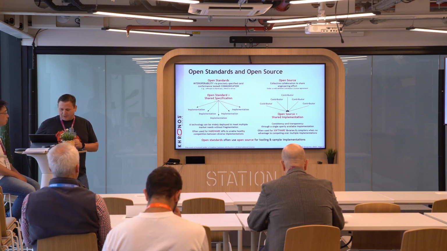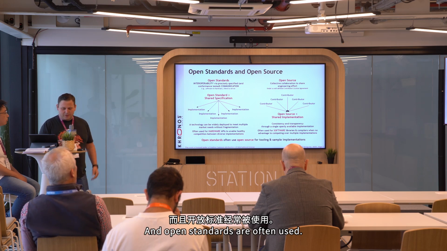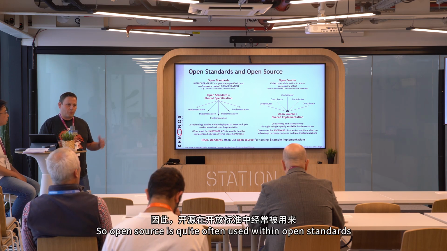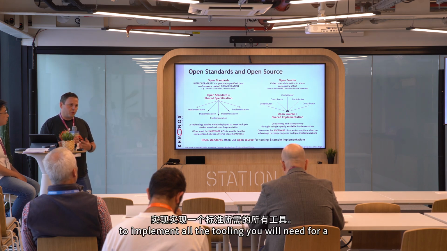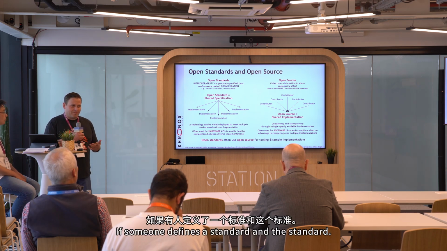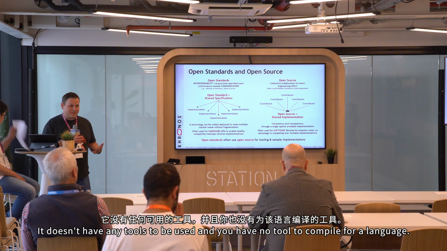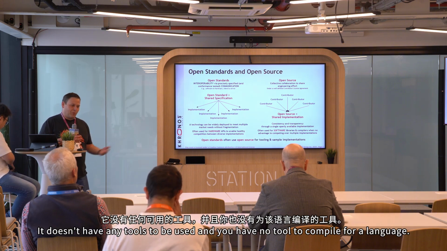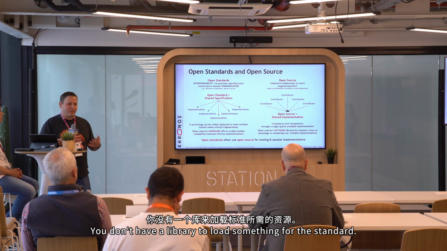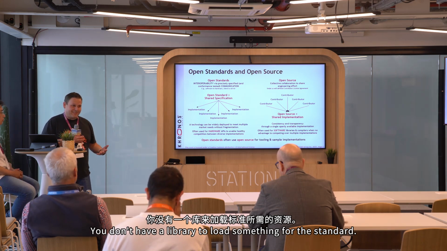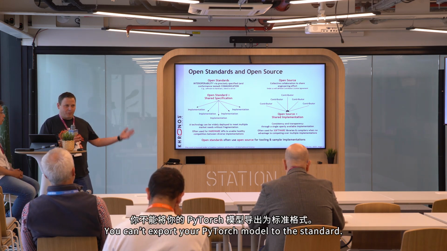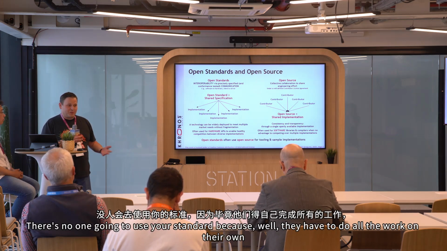Open source is quite often used within open standards to implement all the tooling you will need for a standard. If someone defines a standard and the standard doesn't have any tools to be used, you have no tool to compile for a language, you don't have a library to load something for the standard, you can't export your PyTorch model to the standard, no one is going to use your standard because they have to do all the work on their own.